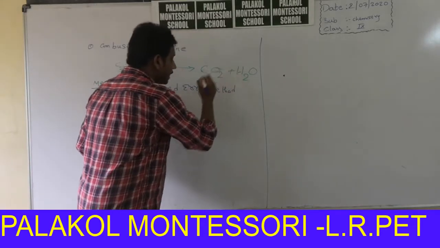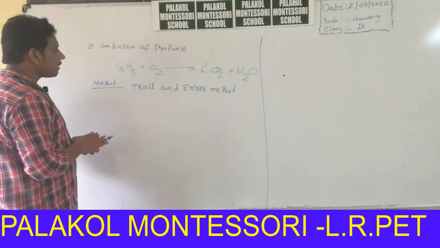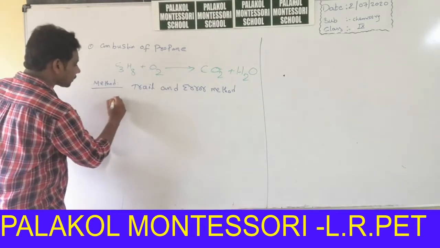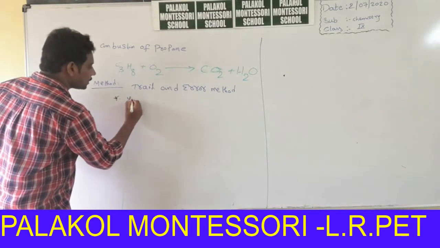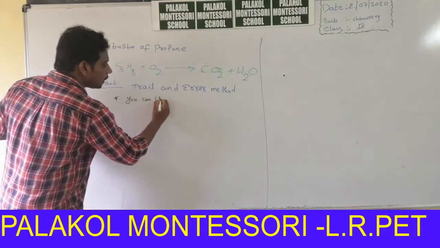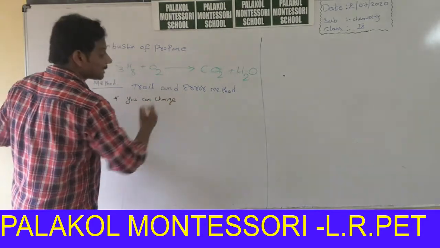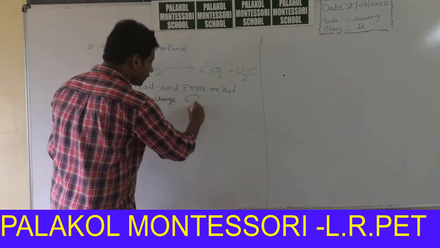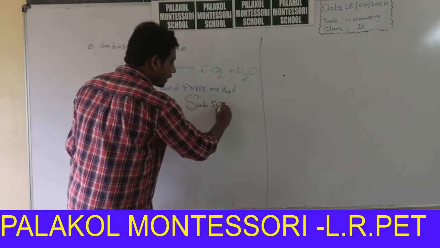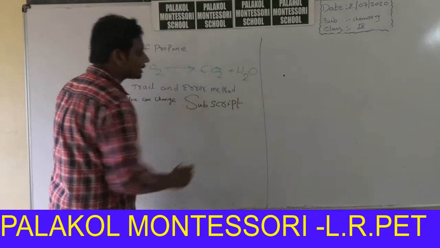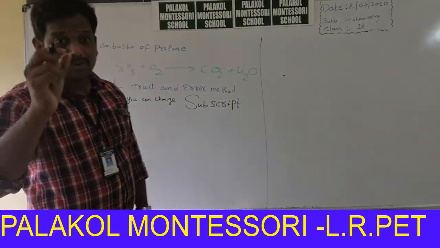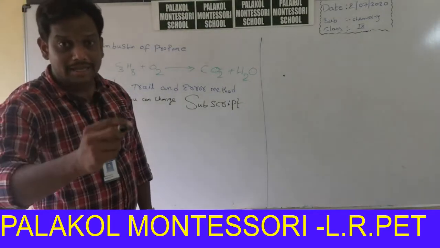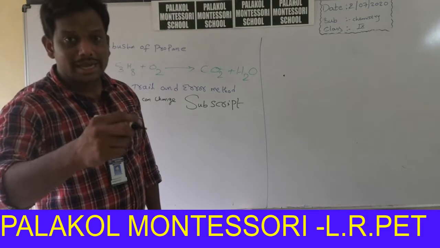In this case, a very important point is that you cannot change the subscript. You have no right to change the subscript. Why? Because the subscript is a fixed value. It indicates how many atoms are there in an element.